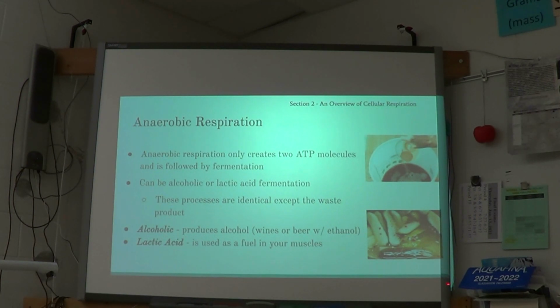If you want to get that little bit extra right at the very end, with 30 seconds left, then you might go anaerobic. But a long distance run needs to be aerobic because you can't perform a long distance run anaerobically. It's not efficient enough. Your body would physically collapse because you would become energy deficient and your legs would give out. Okay, so those are some examples of aerobic respiration.